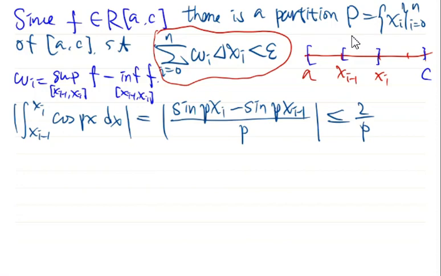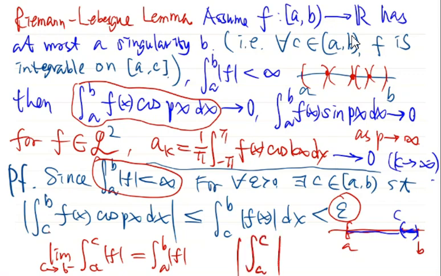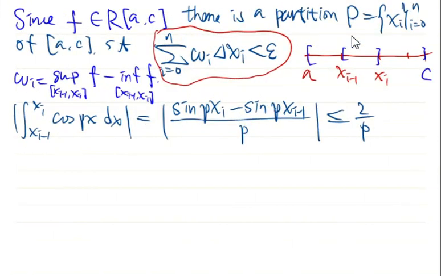Now we want to prove that the integral of f cosine px over [a, b] is very, very small. We already know that it is very small from c to b. Therefore, we need to prove that the integral from a to c is also small. This is what we want to do. For this purpose, we estimate the integral over [a, c] of f(x) cosine px dx.